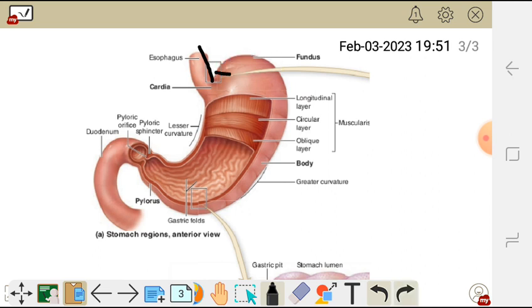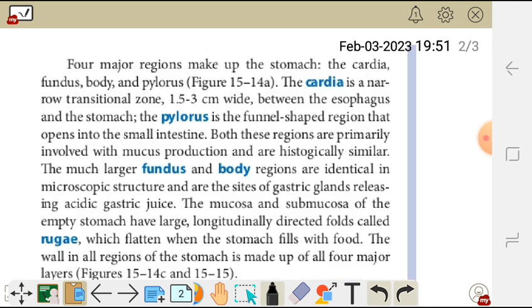That part there is the fundus, and the cardia is in between the esophagus and the stomach. That is what we call the cardia, and it is 1.5 to 3 centimeter wide.